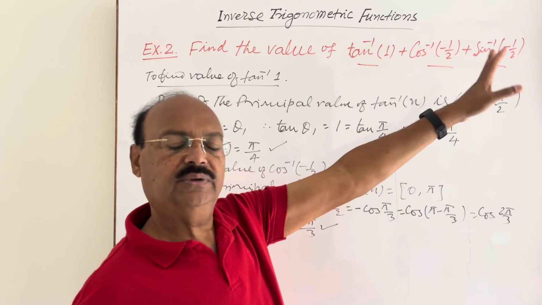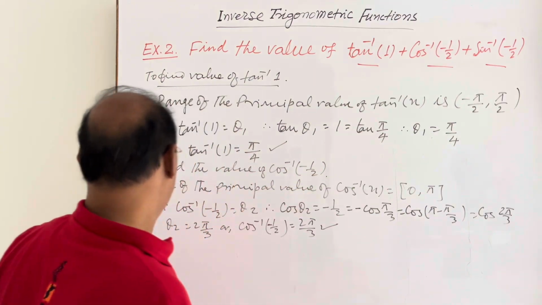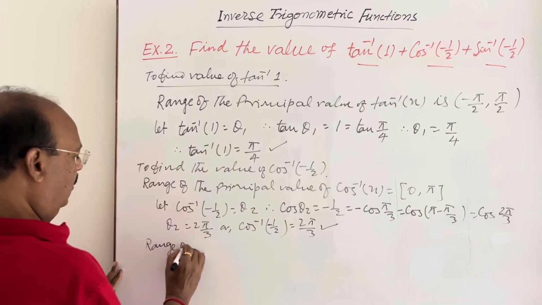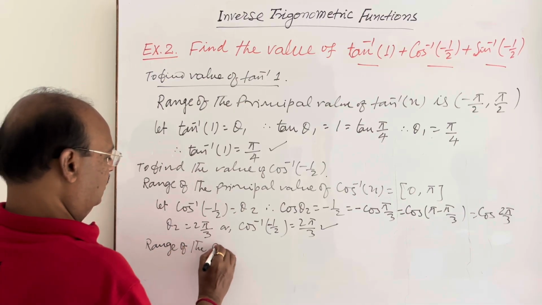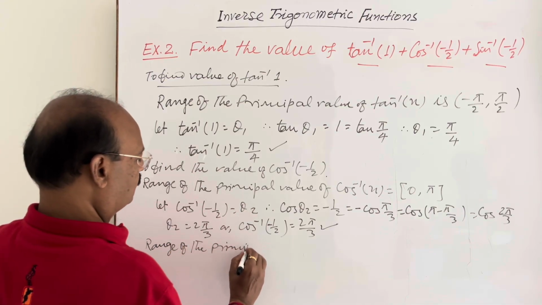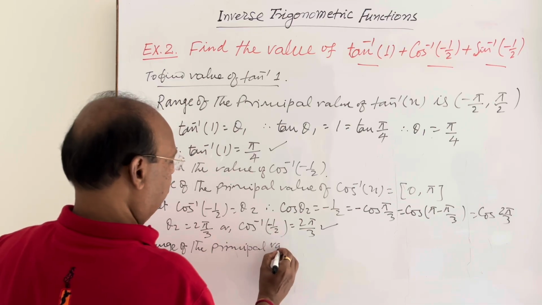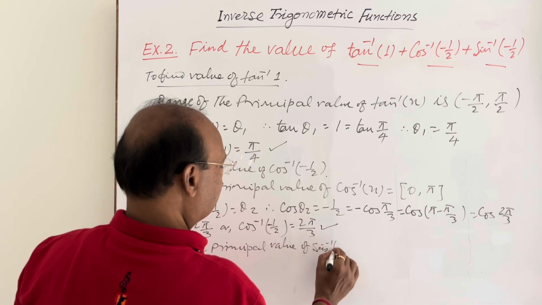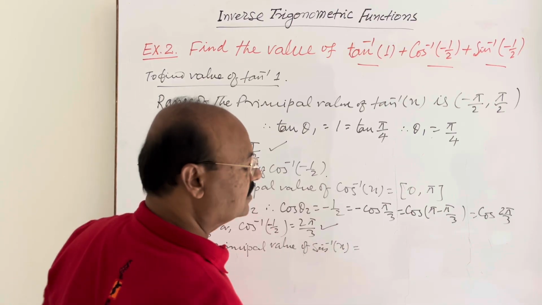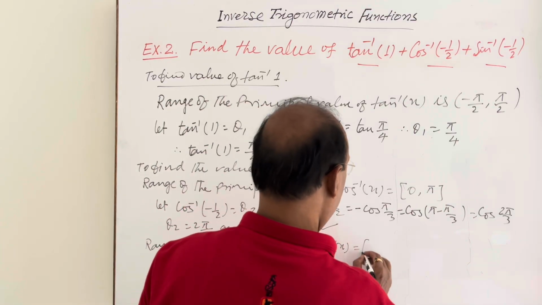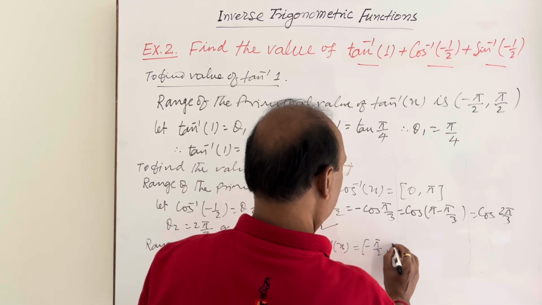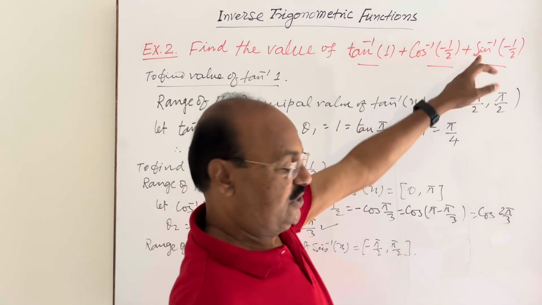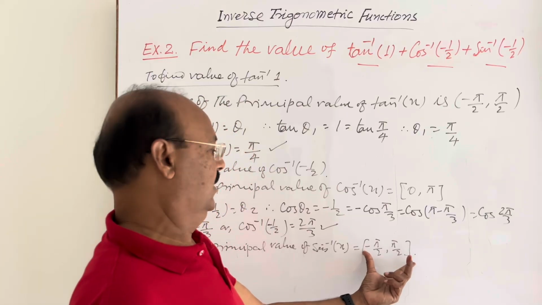Minus pi by 2 to pi by 2, closed interval. So the range of the principal value of sine inverse x is the closed interval minus pi by 2 to pi by 2.